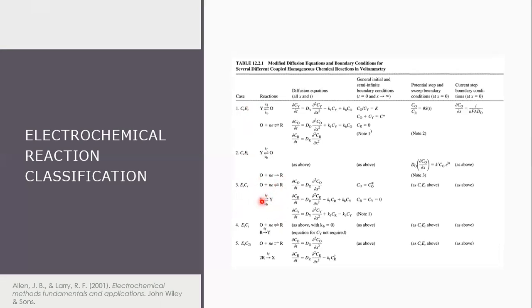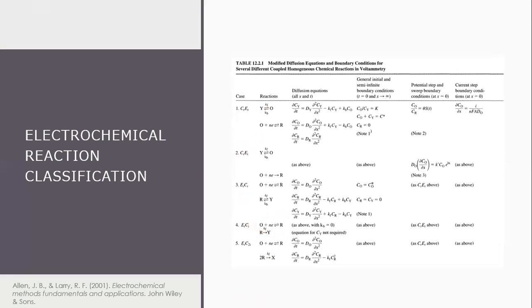It means the redox species undergoes the redox reaction after the electrode interface reaction. And in the fourth case, the coupled reaction is irreversible. So after the reaction takes place at the electrode interface, this reaction occurs in your solution, and this is irreversible.